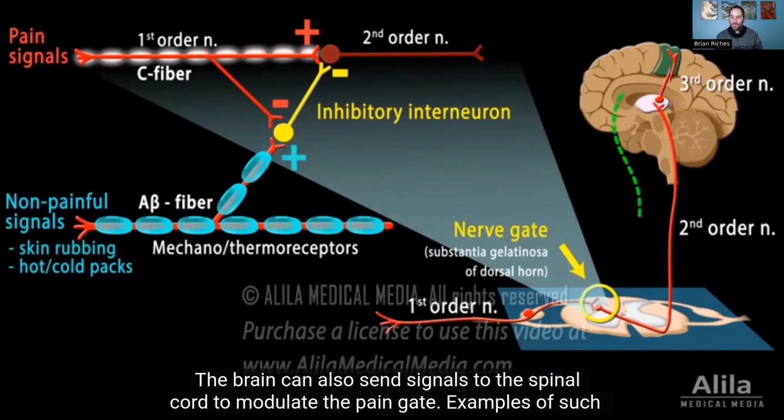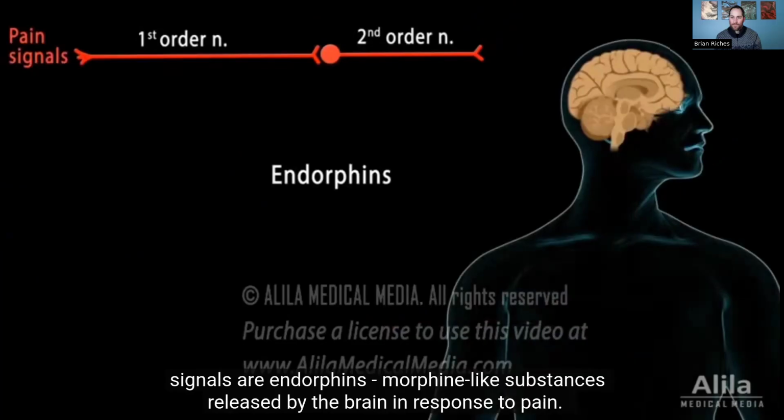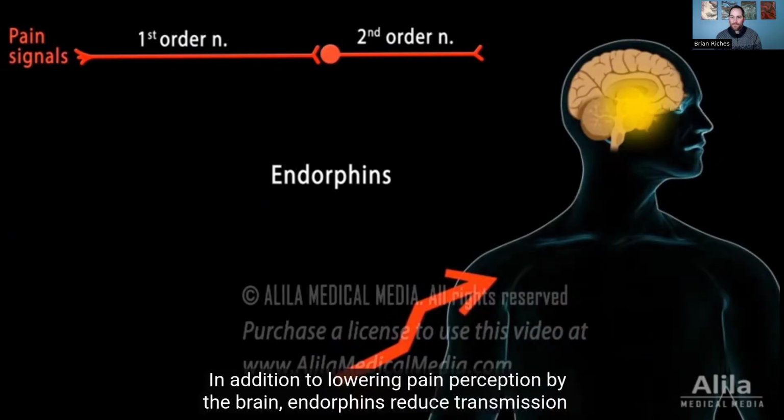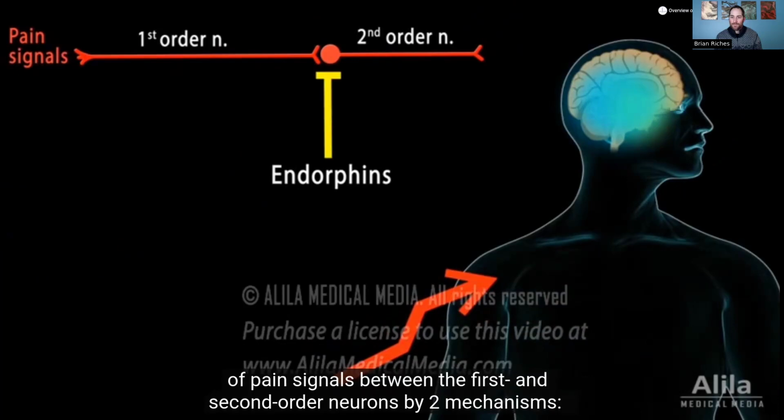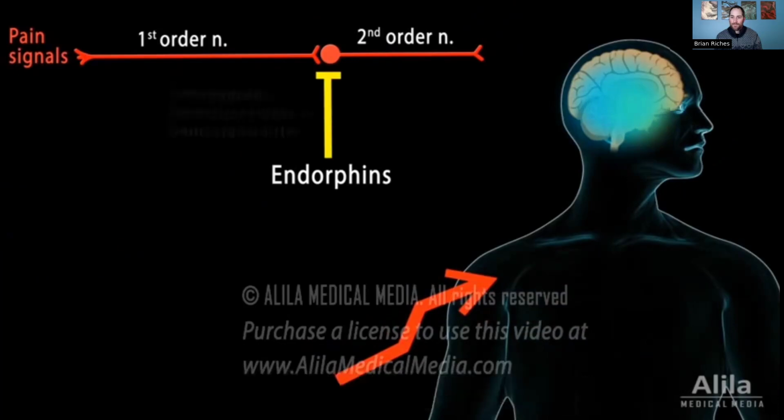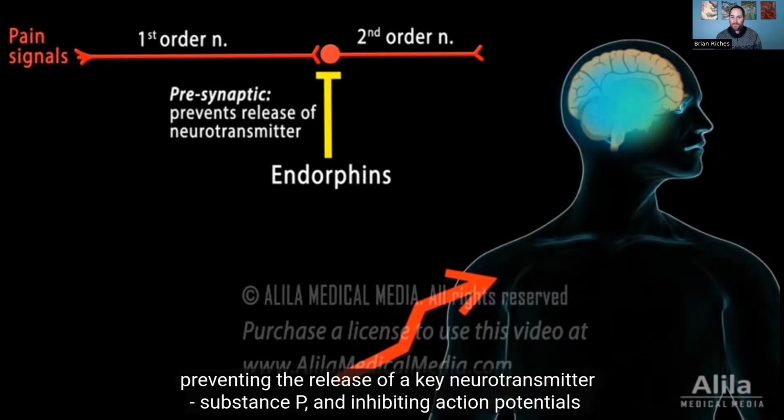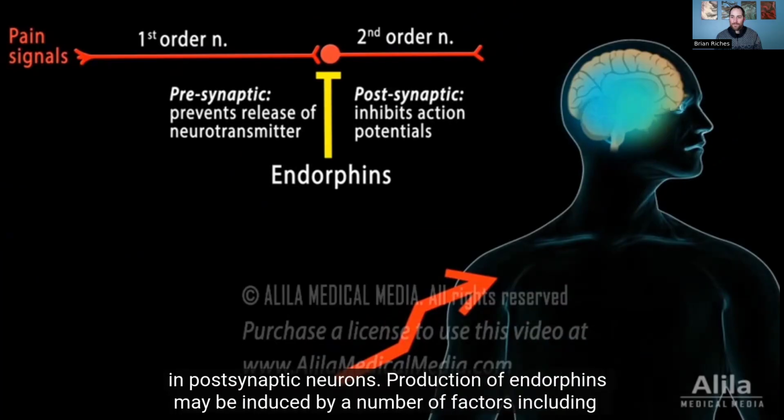The brain can also send signals to the spinal cord to modulate the pain gate. Examples of such signals are endorphins, morphine-like substances released by the brain in response to pain. In addition to lowering pain perception by the brain, endorphins reduce transmission of pain signals between the first and second-order neurons by two mechanisms: preventing the release of a key neurotransmitter, substance P, and inhibiting action potentials in postsynaptic neurons.